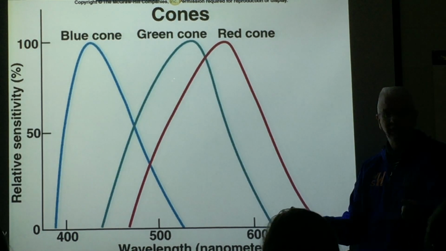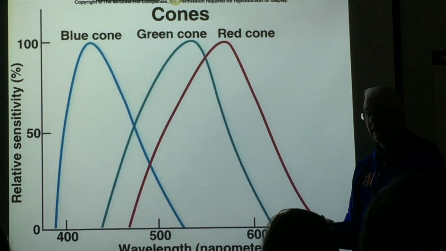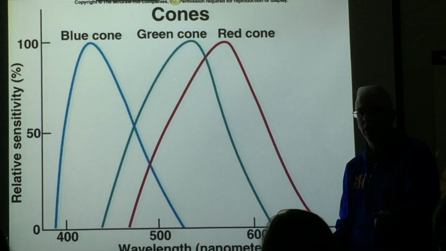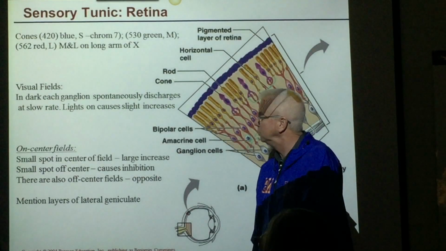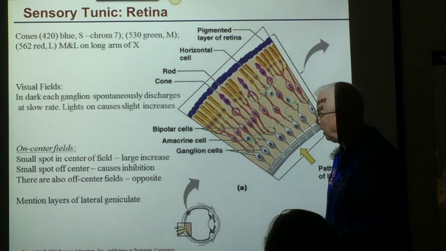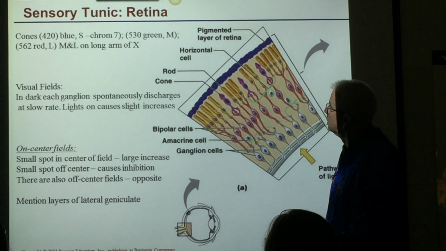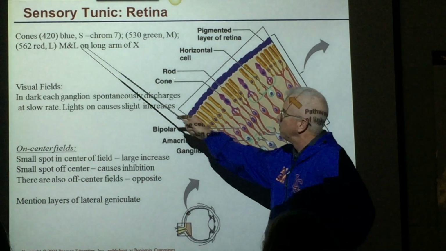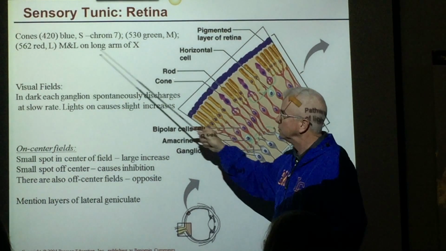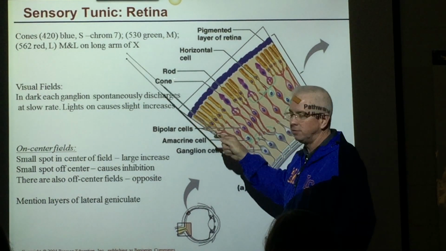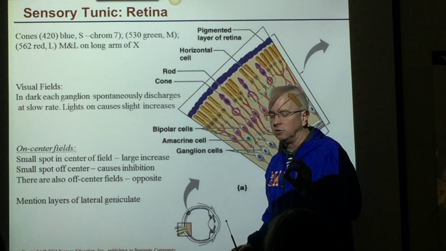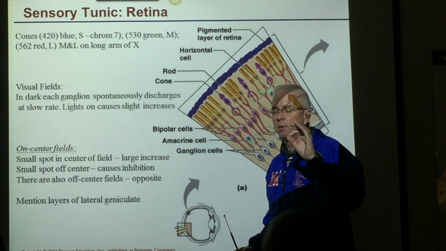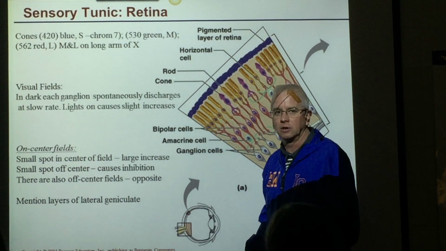But you can actually isolate individual cone cells now and tell which ones they are. In fact, we now know, as this picture indicates, the chromosomes where each of these proteins, we call them photopsins, that are produced for the cone cells are actually made.